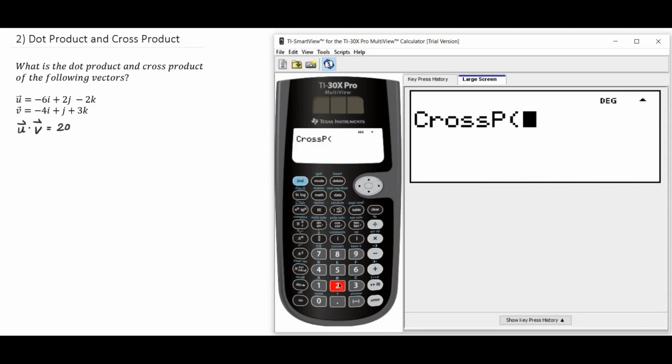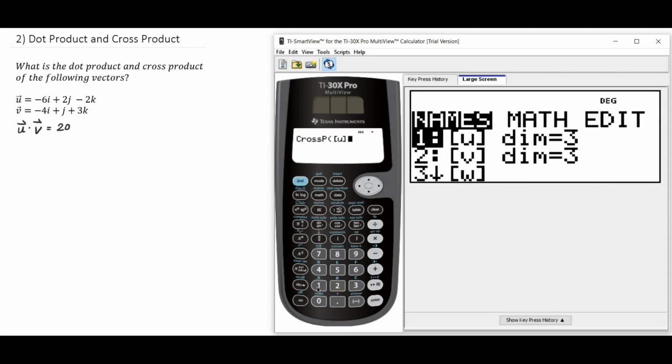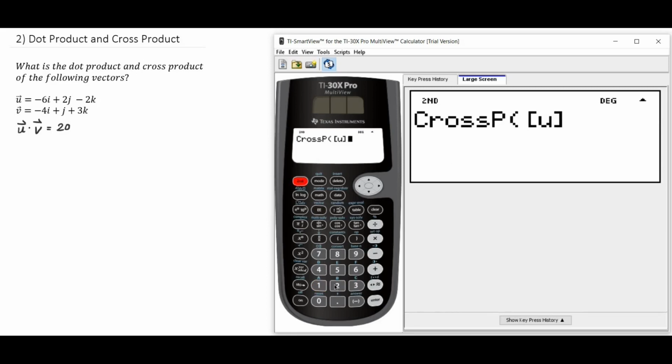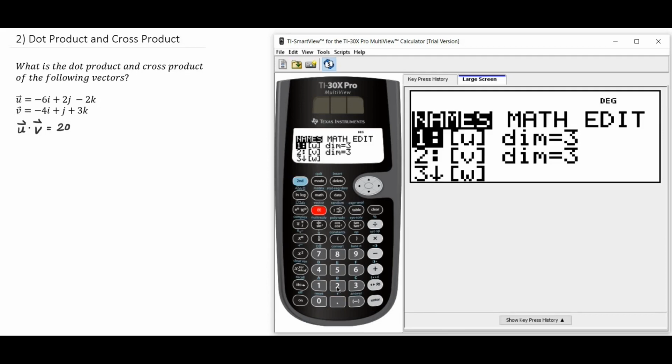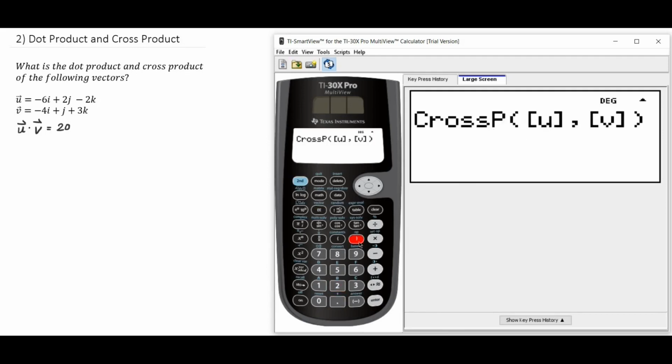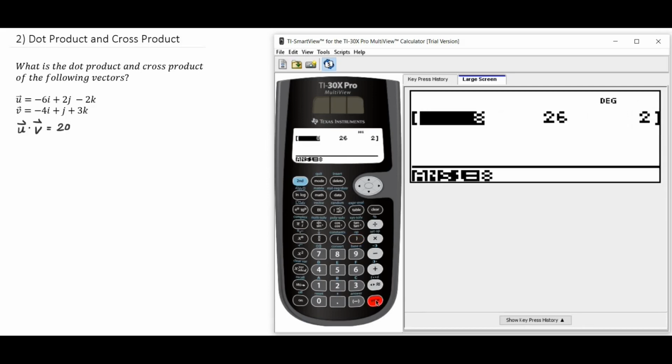Again, we need to input vector u and vector v. And finally vector v. So the cross product of vector u cross vector v is 8i, 26j, and 2k.